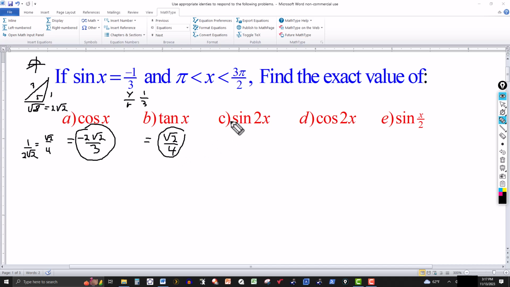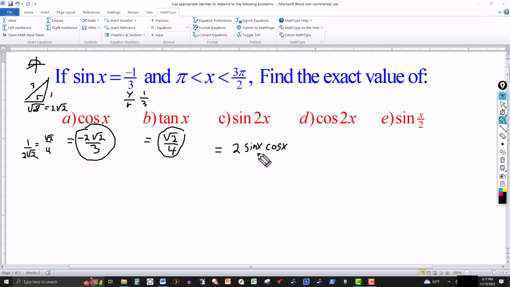Now for this one here, I have the sine of 2x, and of course I'm dealing with just x. So here I'm going to use a double angle identity. We know that the sine of 2 times an angle is 2 times the sine of the angle x times the cosine of that angle.